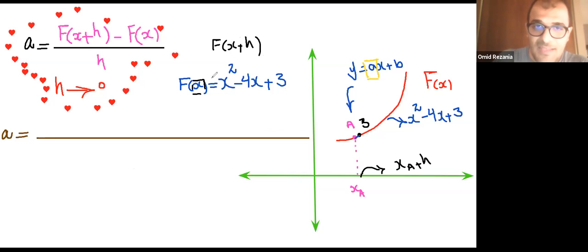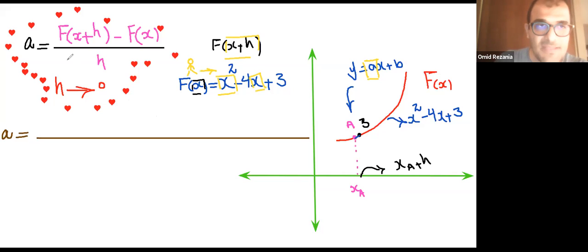Imagine that you are standing on the x. When you put x plus h, it means that as you move towards the right, wherever you find x, remove the x, put x plus h. Does it make sense?